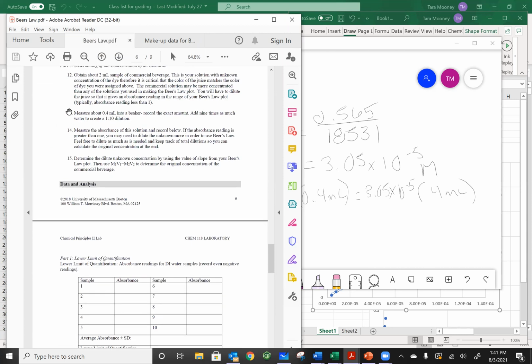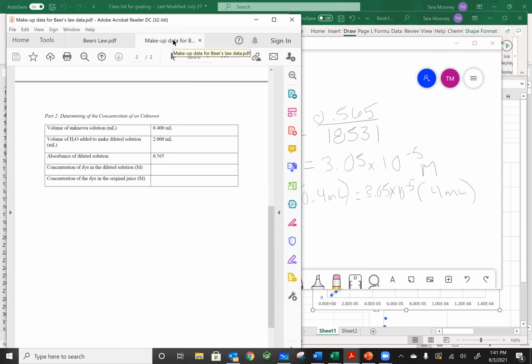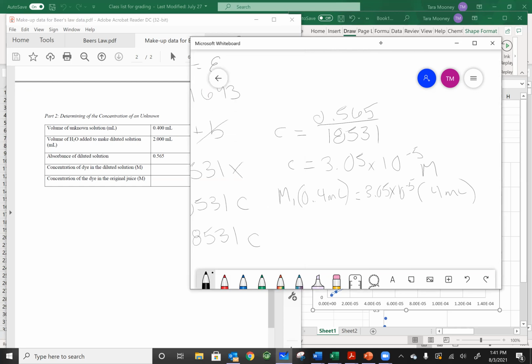So in line 13, it says measure about 0.5 milliliters into a beaker and add 9 times as much to create a 1 to 10. So 9 times 0.4 is 3.6. So 3.6 would be the volume of H2O added. So that is an incorrect number there. Okay, so that total, 0.4 plus 3.6 milliliters, is a total volume of 4 milliliters.